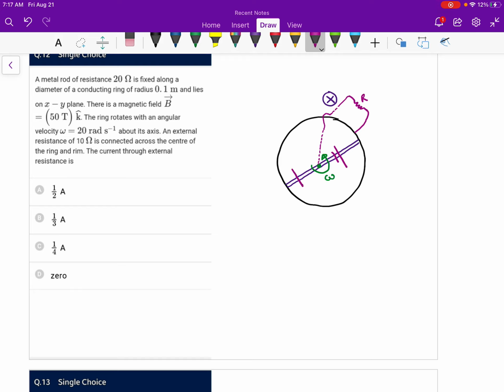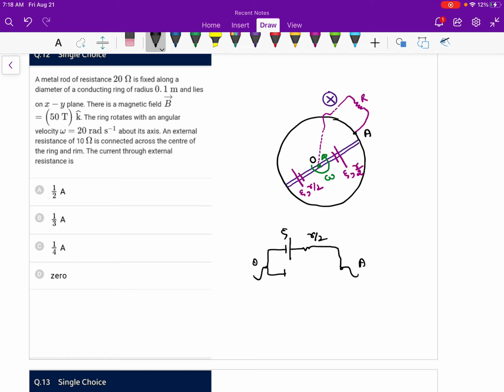there are two batteries, each of EMF E and internal resistance. The rod has resistance small r, so internal resistance is r by 2, and here also E and r by 2. So for the equivalent circuit diagram, say this point is O and this point is A. There is one battery of EMF E, internal resistance r by 2.